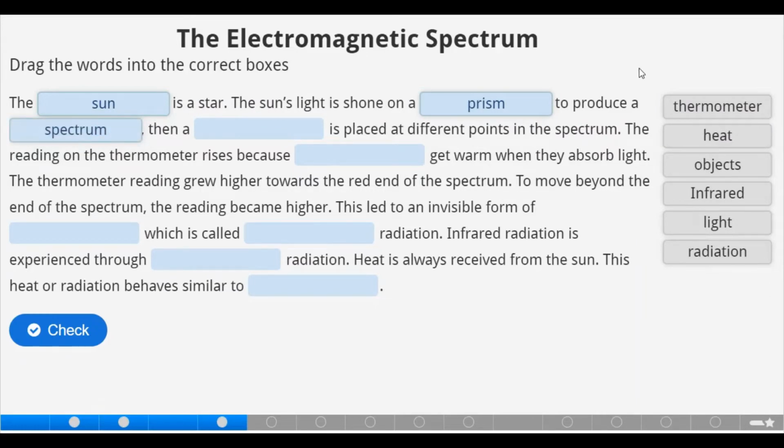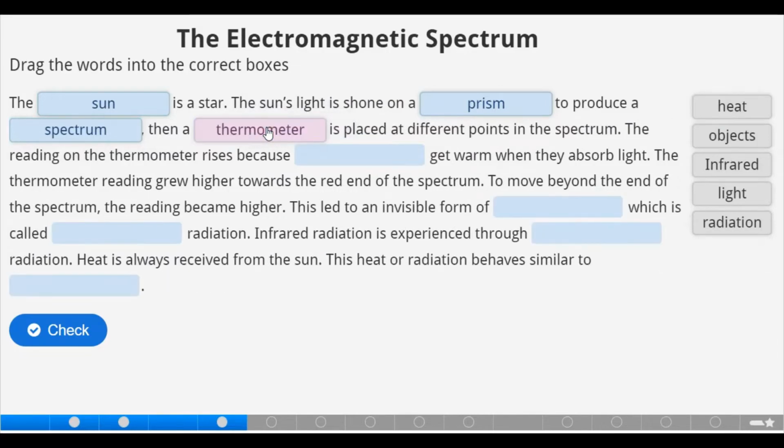Then a thermometer is placed at different points in the spectrum. The reading on the thermometer rises because objects get warm when they absorb light. The thermometer reading grew higher towards the red end of the spectrum.